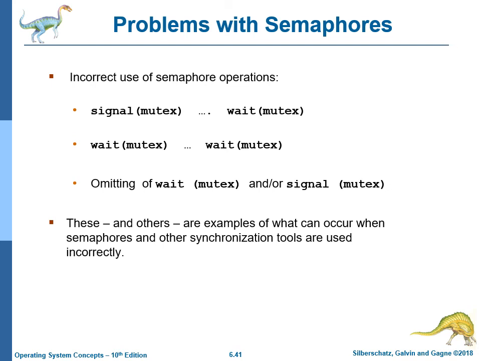So another problem with deadlock adalah apabila berlaku deadlock, indefinite blocking, dia akan berlaku juga starvation. Starvation berlaku di mana a process will wait indefinitely within the semaphore. So dia waiting for semaphore tu dia ambil masa yang lama.